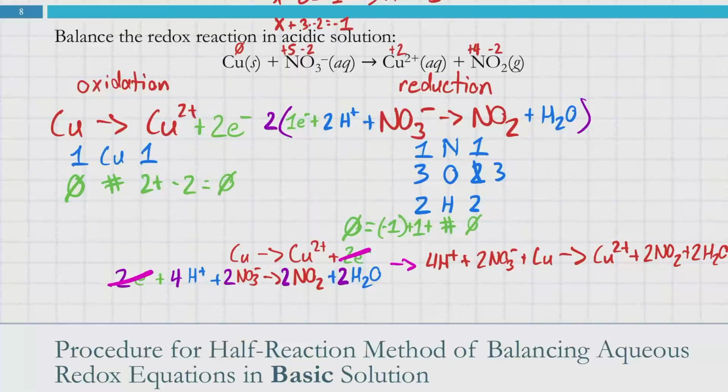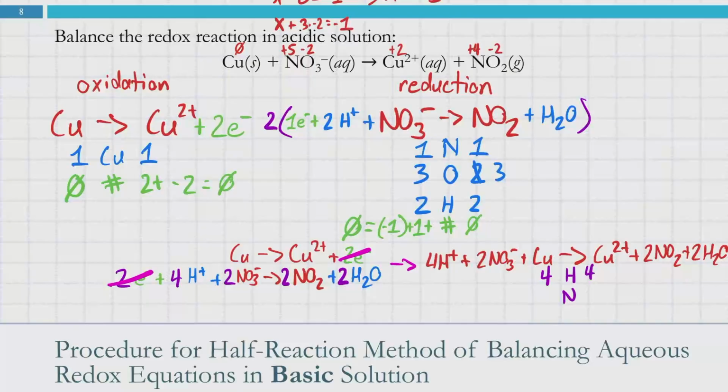But we need to go back and check because it's very easy to screw up, and we don't always catch when we screw up, and that's why we need to check at the end. This is one of the ways that we can make sure we didn't screw up. Everything should be balanced at the end. So for our hydrogens, we've got 4 on the left. We've got 2 times 2 in our H2O for 4.